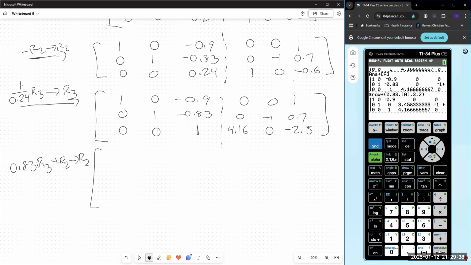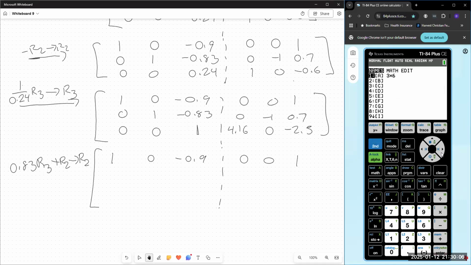And so we have negative 1, 0, negative 0.9, 0, 0, 1. I'm going to go ahead and store this as matrix A so I can go in and take a look at it. Matrix, edit A, so I can see that this is now 0, 1, 0, just like I wanted.